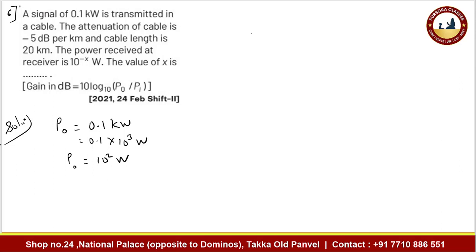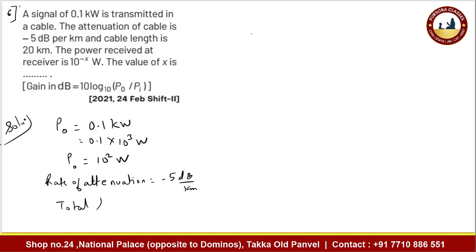The attenuation of the cable, attenuation means loss, is minus 5 decibels per kilometer. So the rate of attenuation, the loss per kilometer, is minus 5 decibel per kilometer.